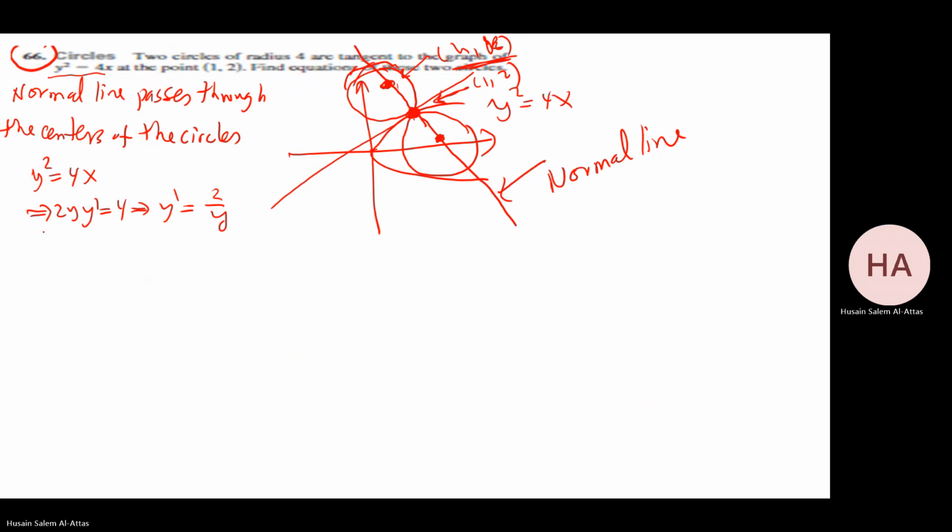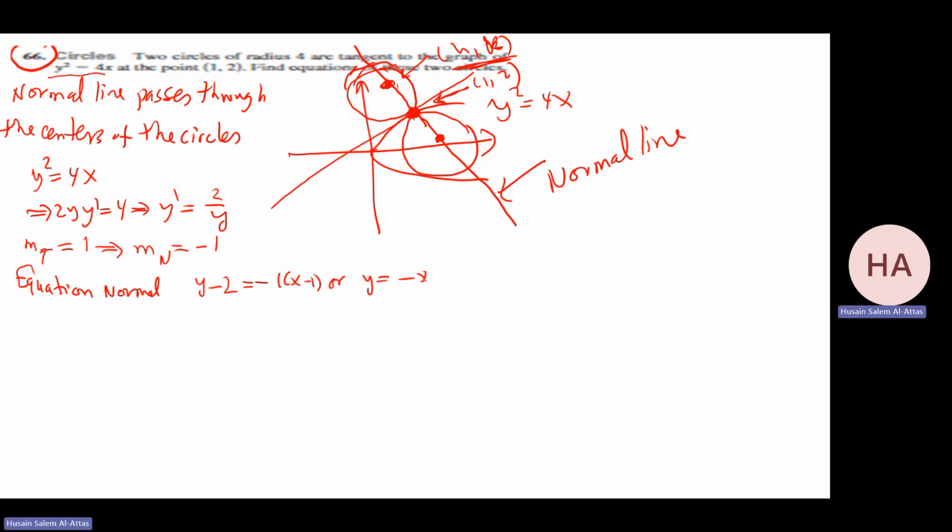The slope of the tangent, since y is 2, will be 1, and the slope of the normal will be minus 1. And the equation of the normal will be y minus 2 equals minus 1 times x minus 1, or y equals minus x plus 3. That will be the equation of the normal.